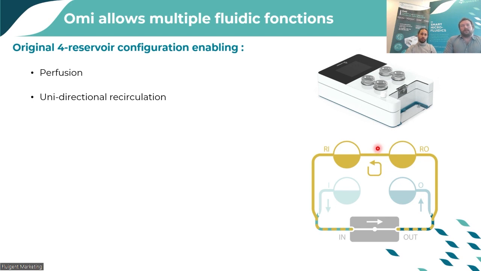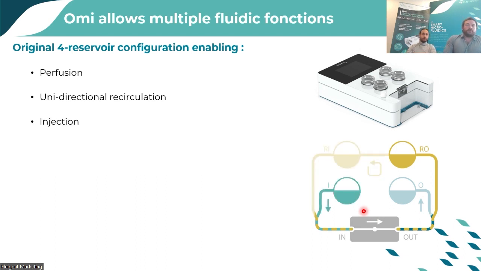So you can first inject from RI to RO, and then you have a refill step that injects back what has been perfused through the chip into RI, and you change cycles so that you can basically do this as long as you want, and you perform a unidirectional recirculation in the chip.